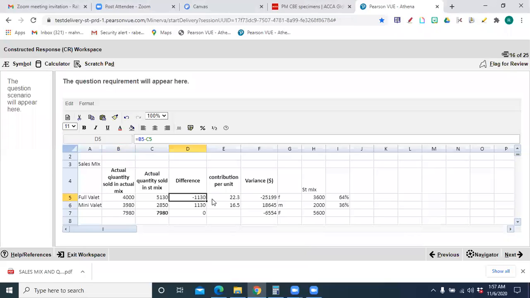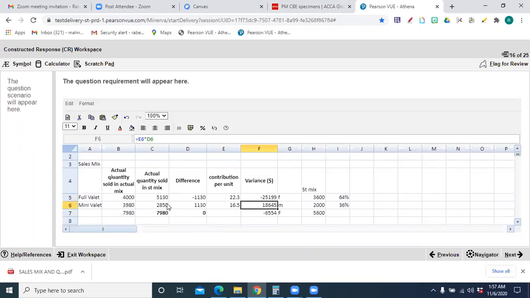So there were some fewer units sold, and in order to compensate for that, we actually had to increase the sales of the other one, because overall the quantity variance needs to be zero. If this factor is not zero, that means sales mix variance is wrongly calculated. And then when you're converting into profit, here you're actually losing profit by selling less of a more profitable product.